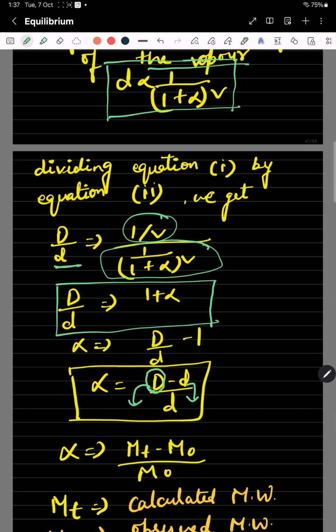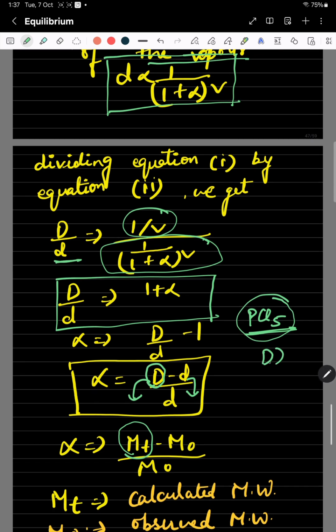Before dissociation, the vapor density represents the theoretical molecular mass, as if PCl5 has not dissociated into PCl3 and Cl2. So you have written theoretical molecular mass minus observed molecular mass.